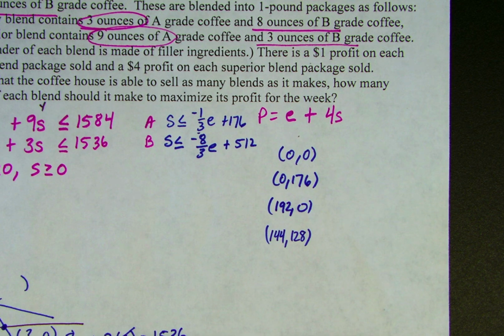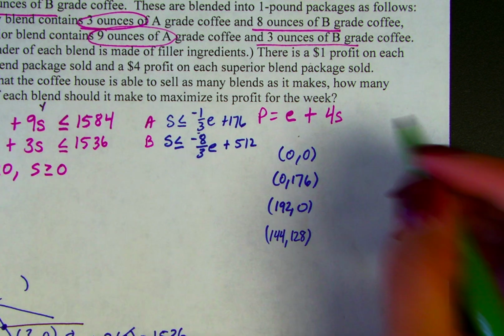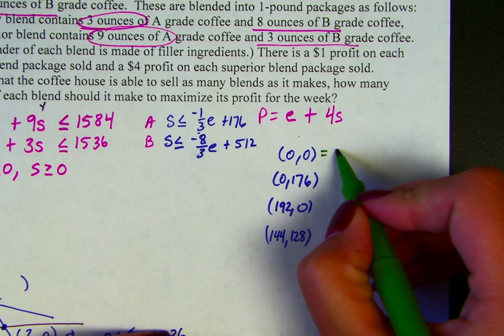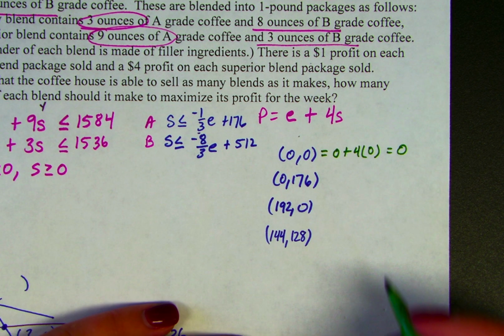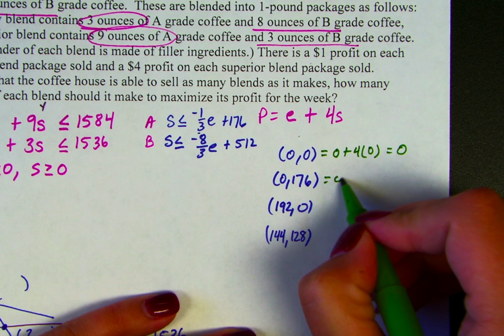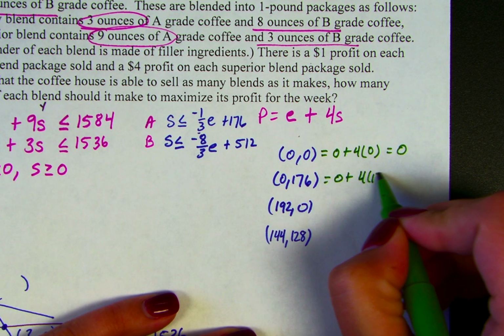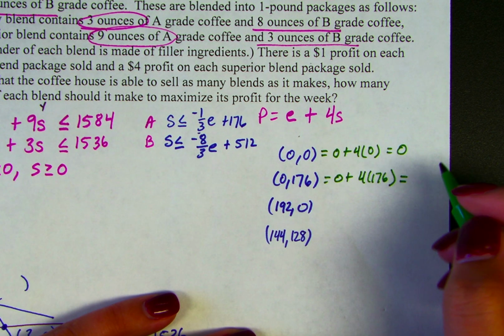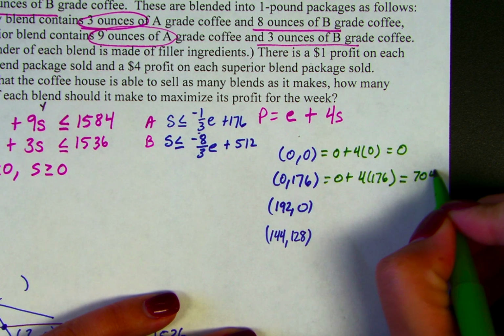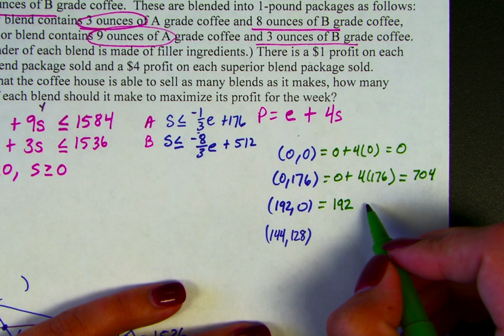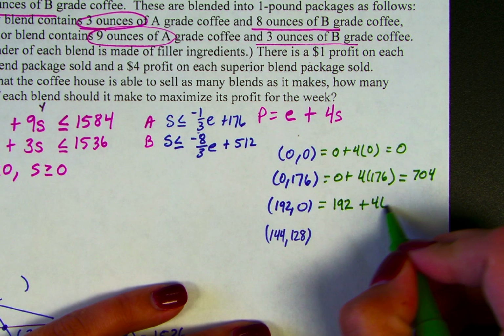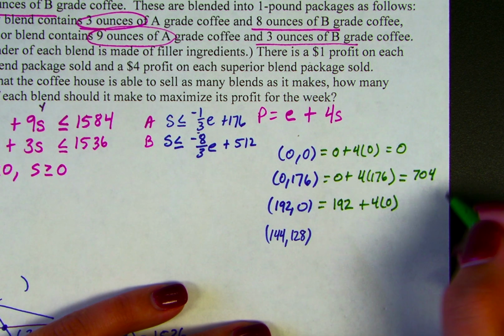So let's start doing that. So equals, so this will be 0 plus 4 times 0, which is just 0. Here I will have 0 plus 4 times 176. So let's see, that is going to give me 704. This will be 192 plus 4 times 0, which is 192.